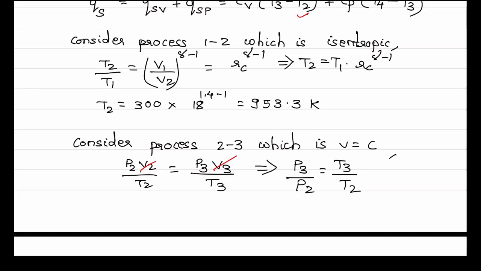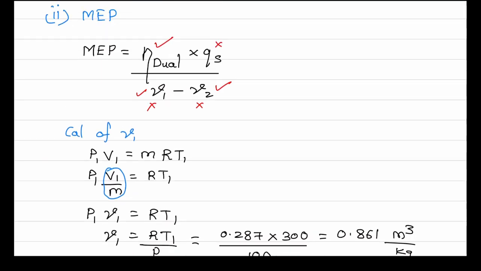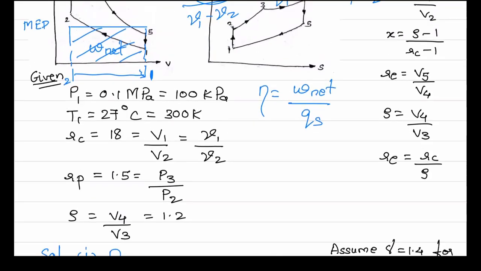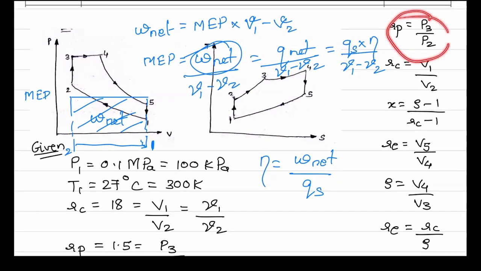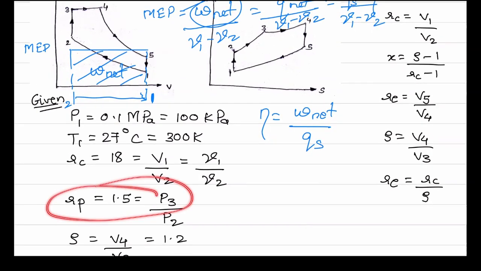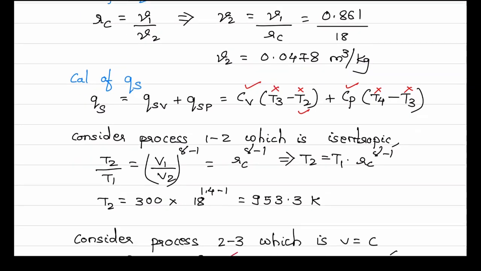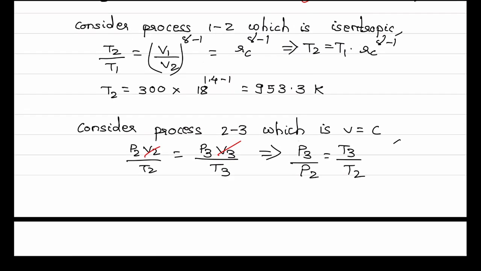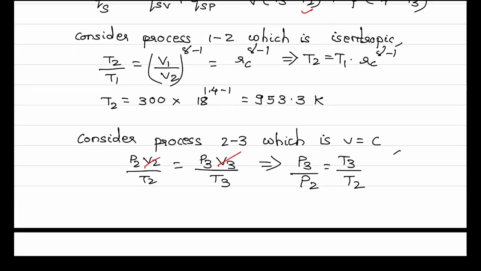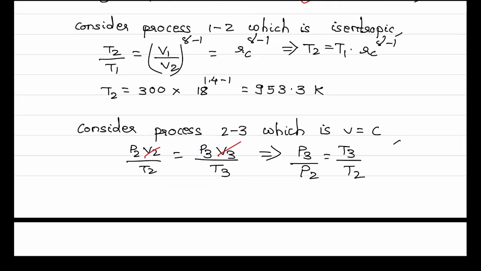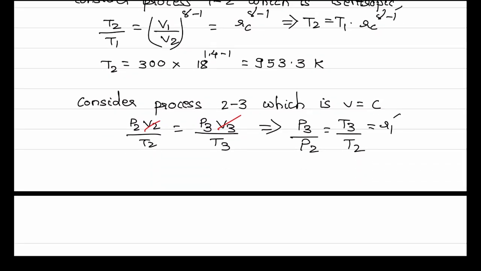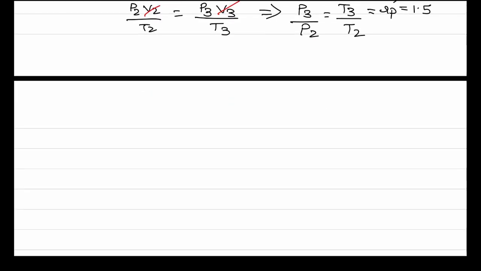If you see, I had written here RP is pressure ratio P3 by P2, and the RP value is given in the question. RP value is how much? 1.5. So this will be equal to RP, and RP is 1.5. So T3 will be equal to RP times T2.